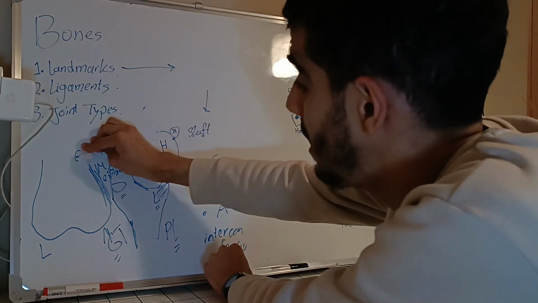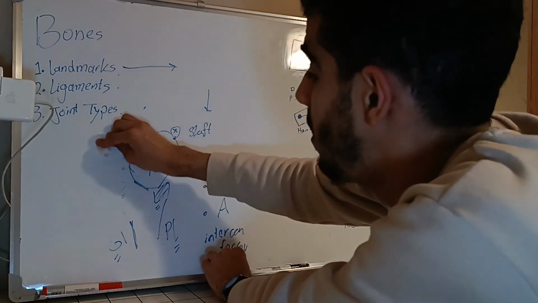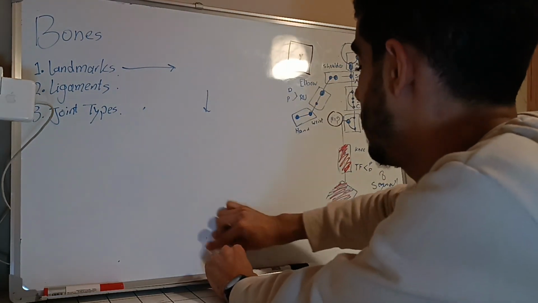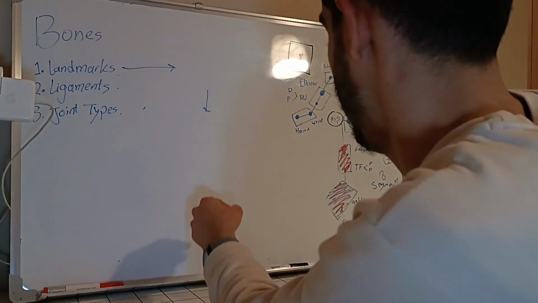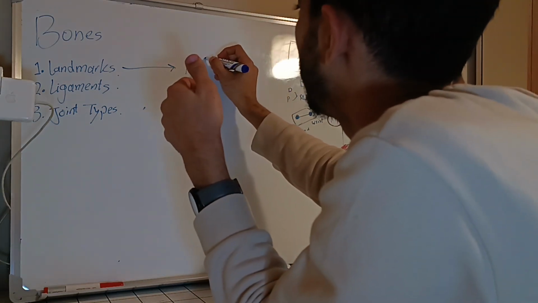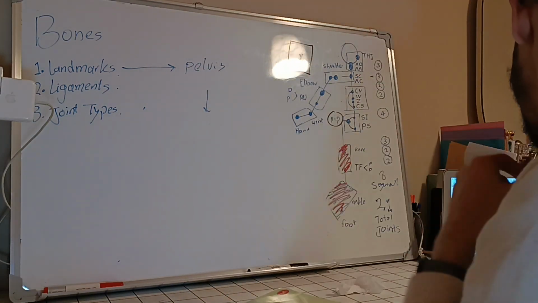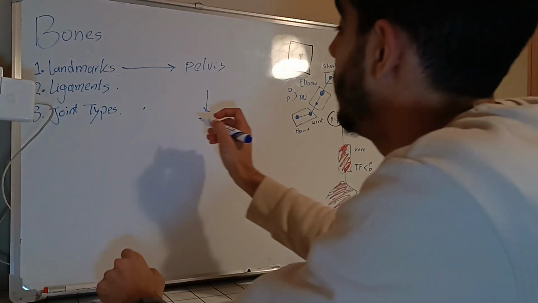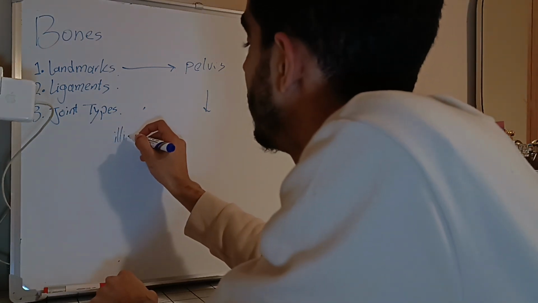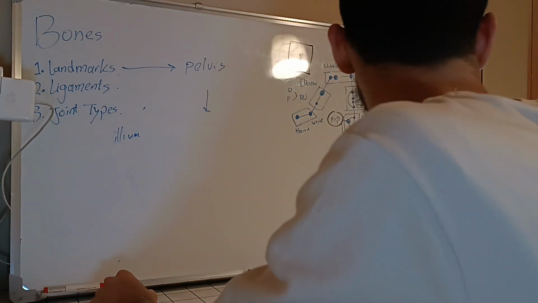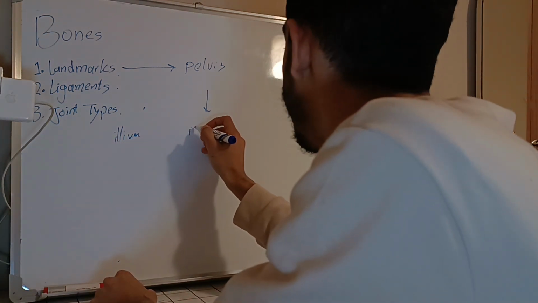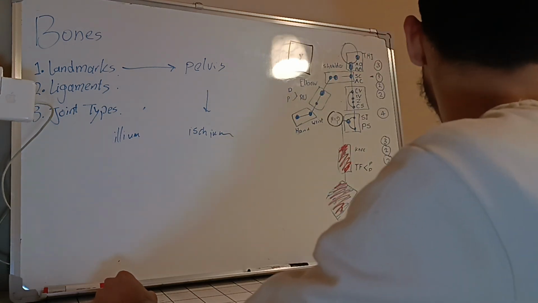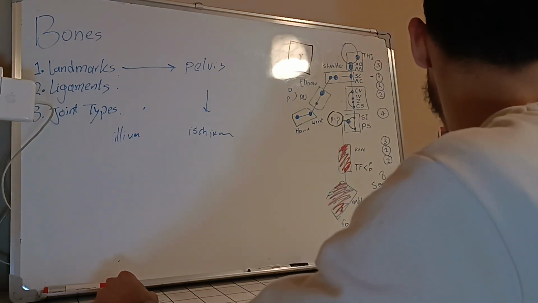Let's move on to landmarks which could be found on the pelvis. Alright? So on the pelvis, we can divide them into the ilium, the ischium, and the pubis.